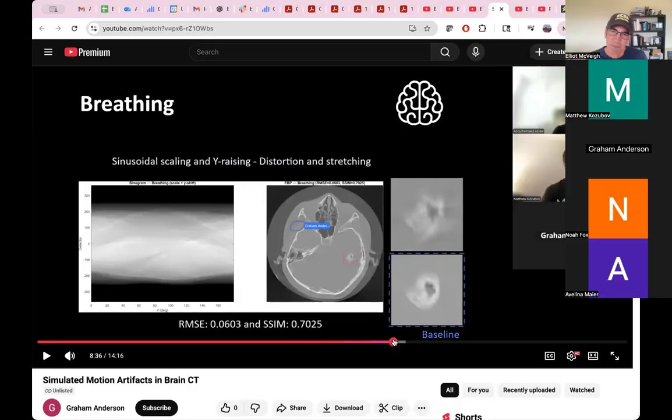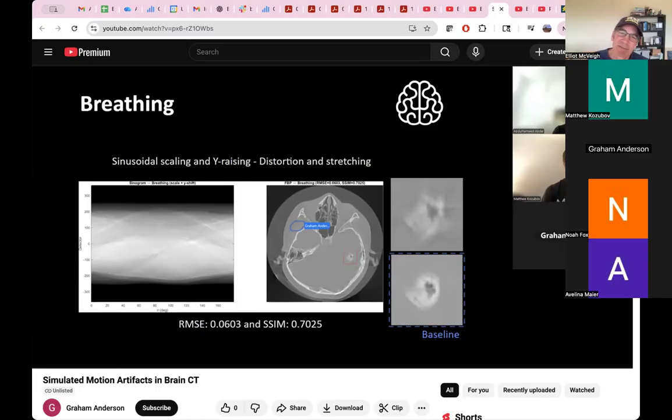But this is realistic. This is breathing. How was this done, something moving up and down sinusoidally? It was expanding and contracting, I think, from 0.9 to 1.1, and it was also moving up and down slightly.